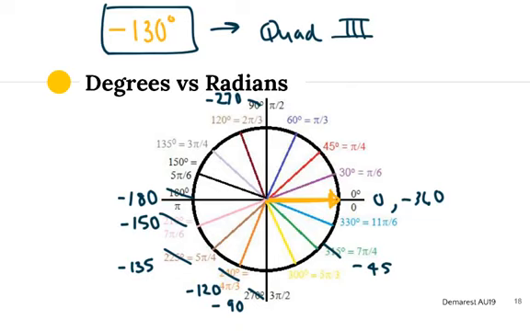Then I'm going to go this time almost to negative 135. I'm going to get really close, almost, that's probably too close, almost to negative 135. And then I will draw my terminal side in, and now I have graphed it.